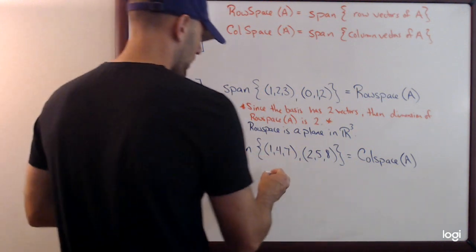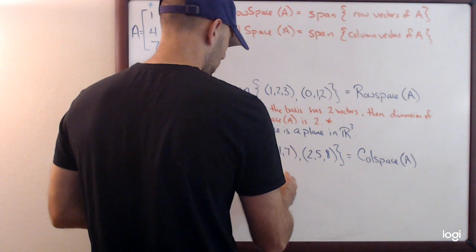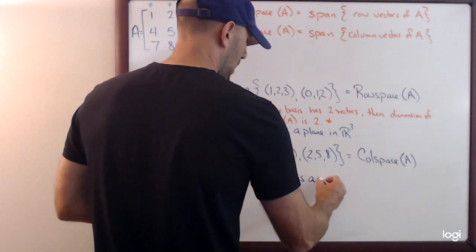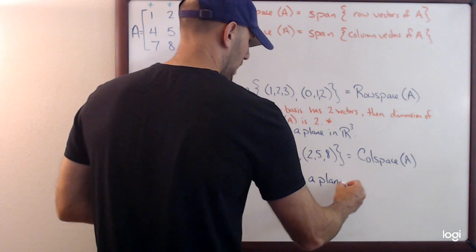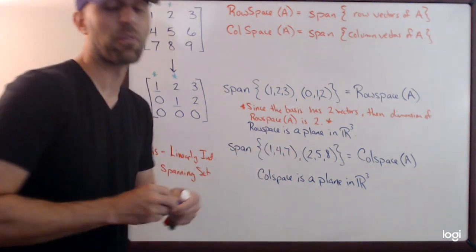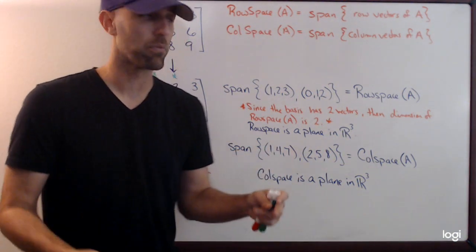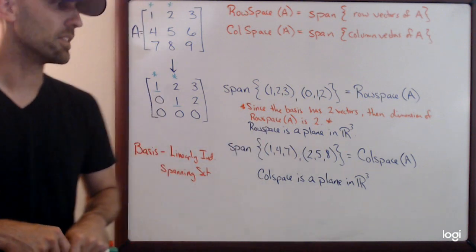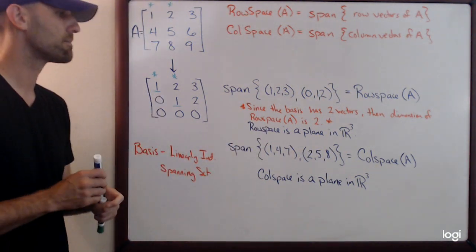Well, then the column space is also a plane in R3. Now, I want to emphasize this. They're different planes, right? There's lots of planes in R3. These are different planes, but again, they both happen to be planes, and they both happen to live in R3.